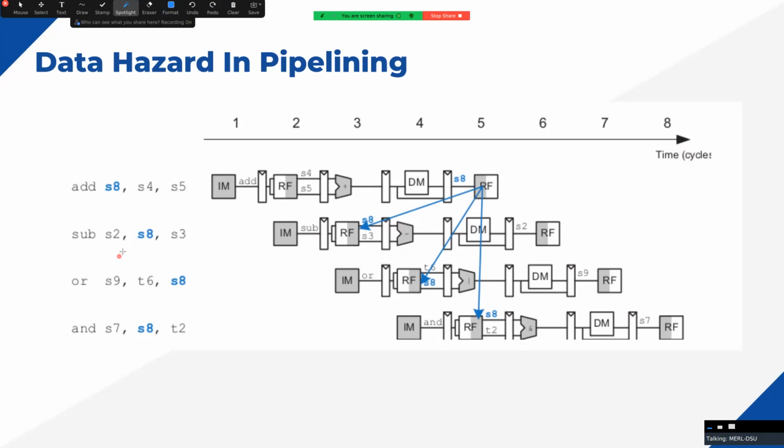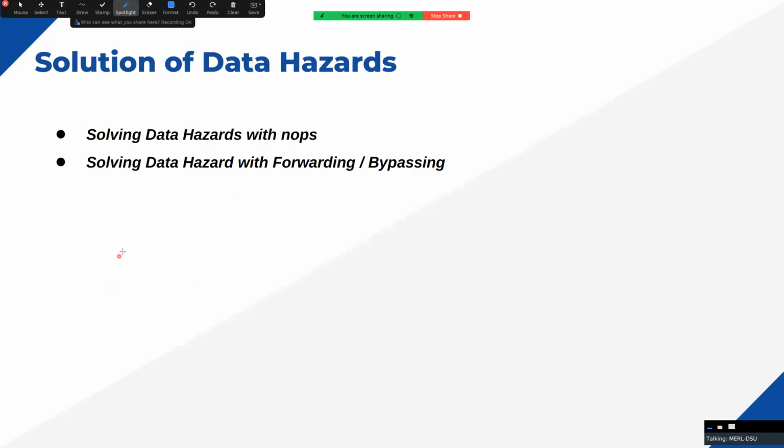So there are two possible solutions to solve these hazards. Number one, we can solve the data hazard by using NOPs. A NOP is a type of instruction which is used as a delay. If you are familiar with the embedded side of coding, you provide some delay when you want to wait for a few seconds and then start the execution of some operation.